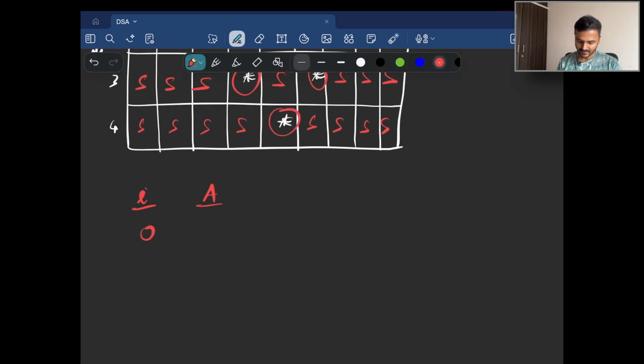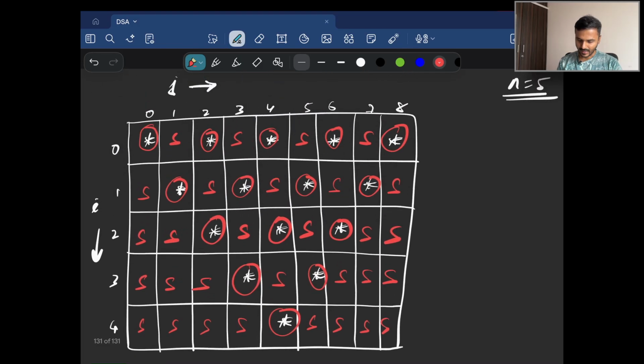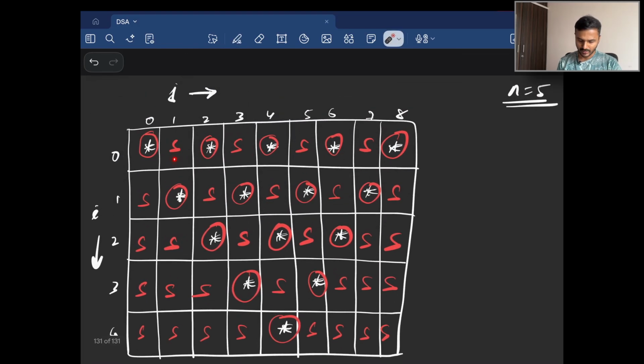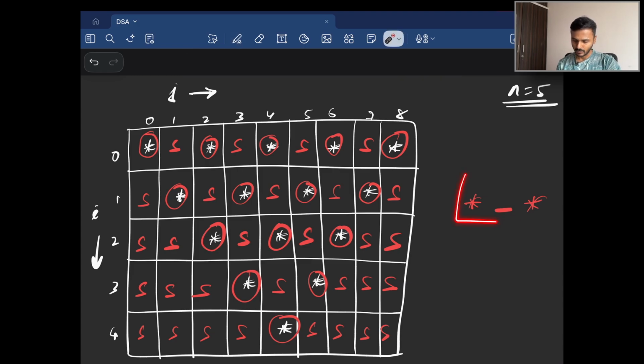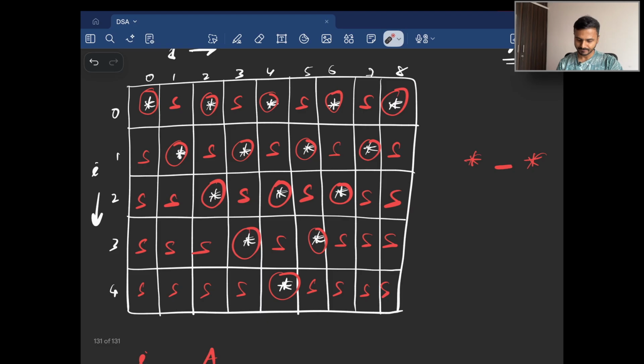The number of asterisks that we are printing is 5. And let's not worry much about the space between each asterisk. When we print an asterisk, we will assume that every pair of asterisks has to be separated by a space, right? So let's keep this as an assumption and let's just focus on the number of asterisks that we are printing in the first row, which is 5.